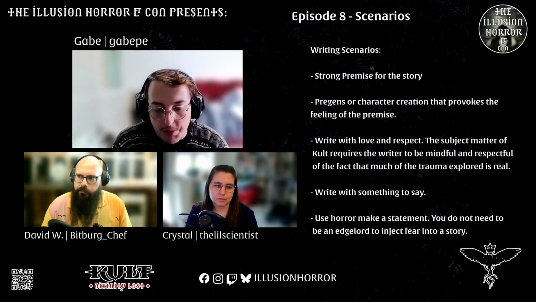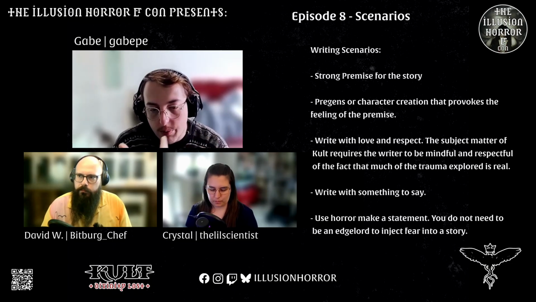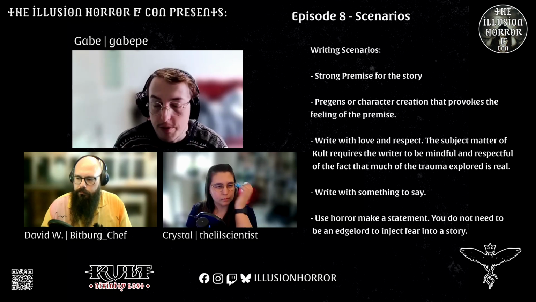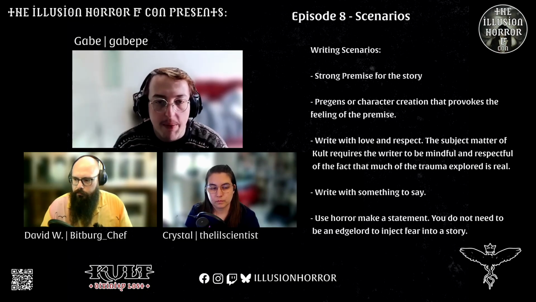What you should do, I feel, is have a strong premise. You should have characters, if you want to have pre-gens, that have something to say about this premise. They show something unique about it.